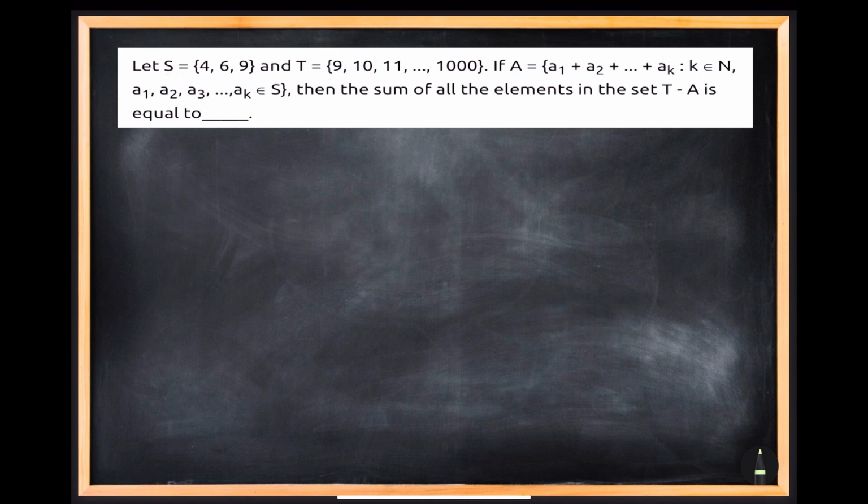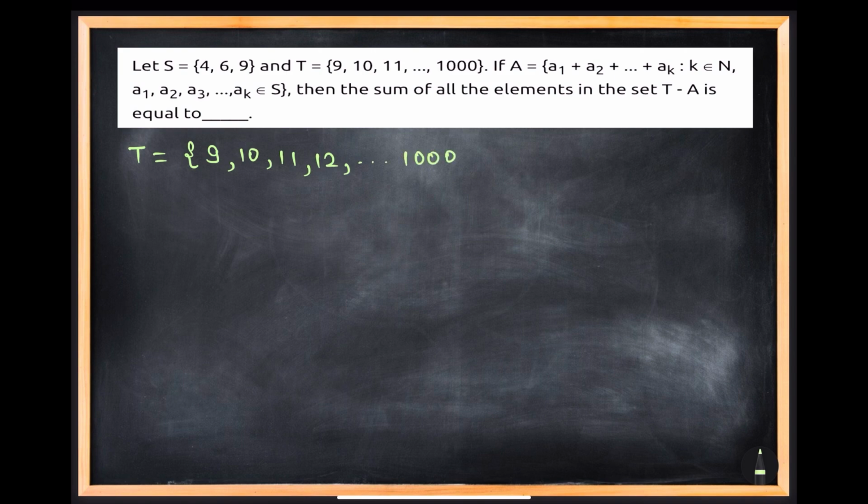Then the sum of all the elements in the set T minus A is... you know that from set T you have elements starting from 9, 10, 11, 12, ... up to 1000.